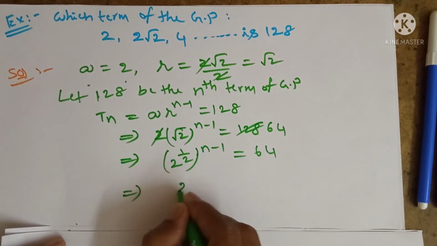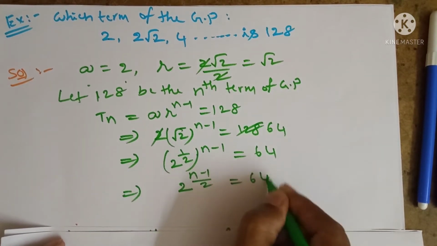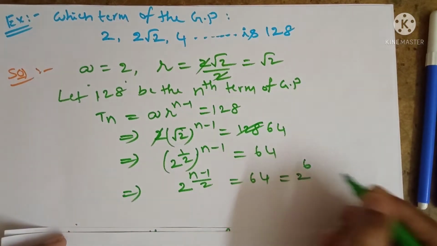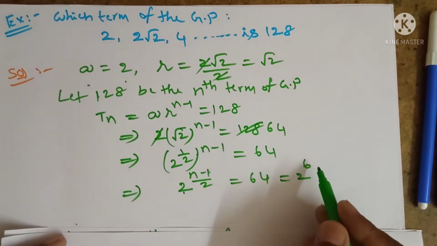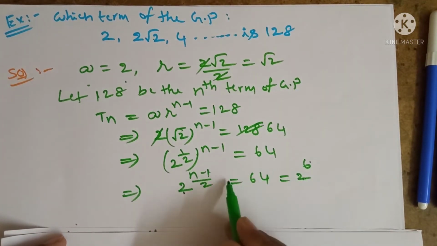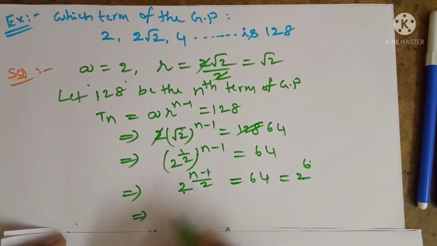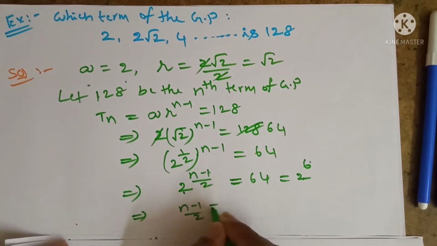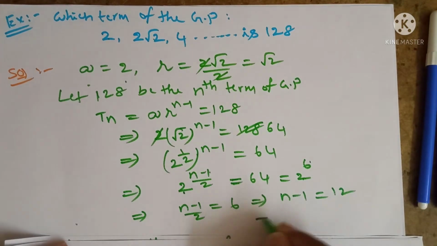This is 2 power n minus 1 by 2 is equal to 64. 64 can be written as 2 power 6. Here 2 power n minus 1 by 2 is equal to 2 power 6. Bases are equal, so equating the powers, n minus 1 by 2 is equal to 6. N minus 1 is equal to 12.